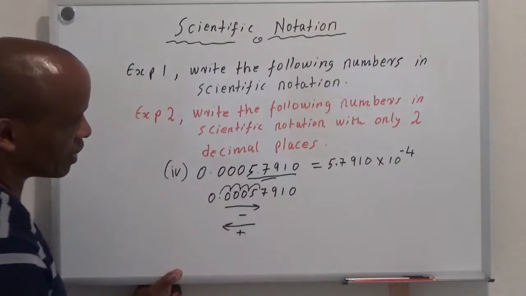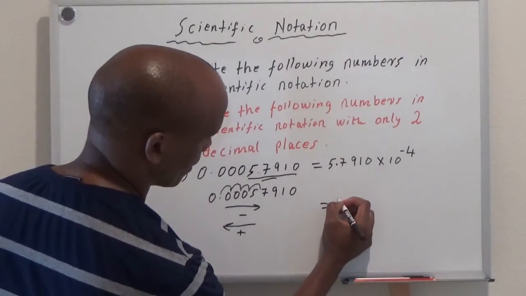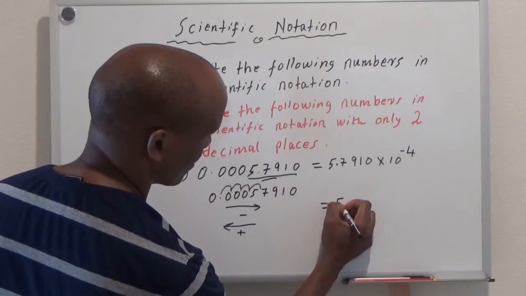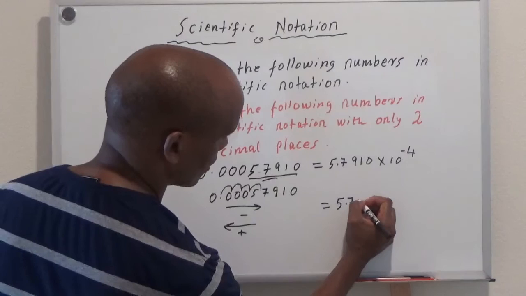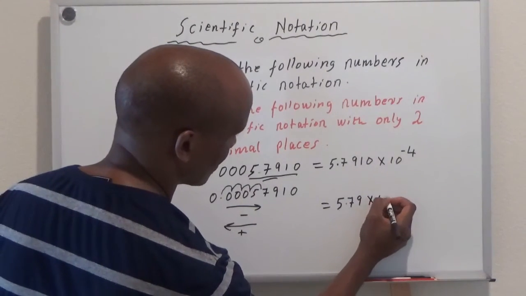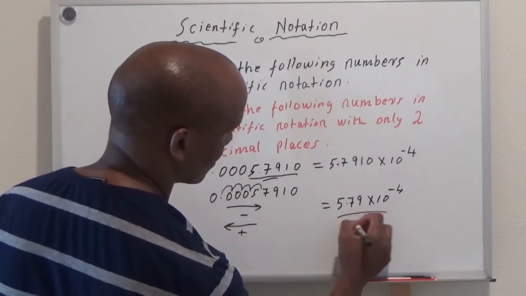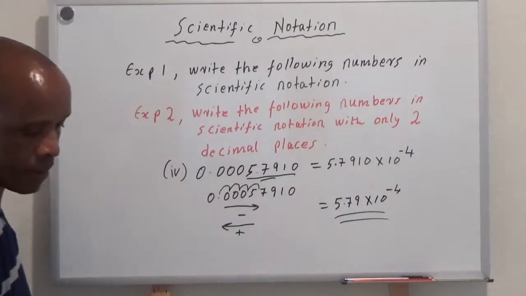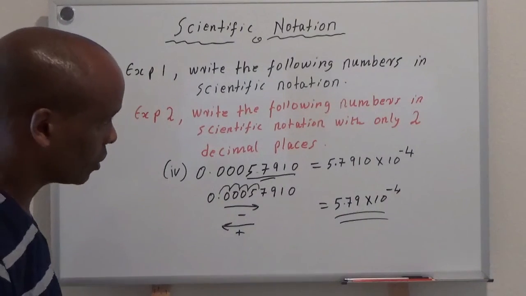But they ask you to leave it in 2 decimal places, so this one will be 5.79 times 10 to the minus 4. Yeah, that's the answer.